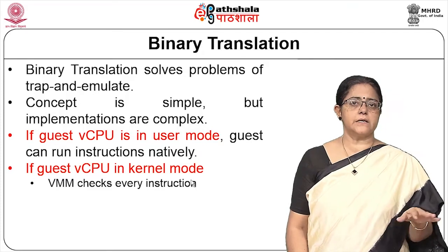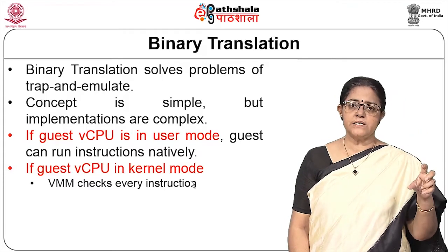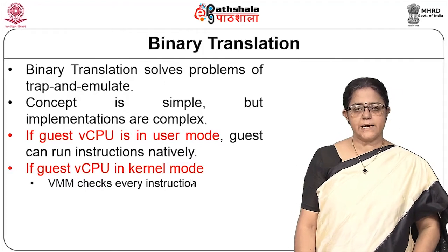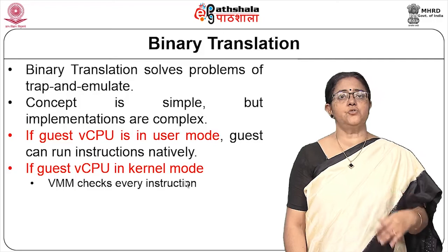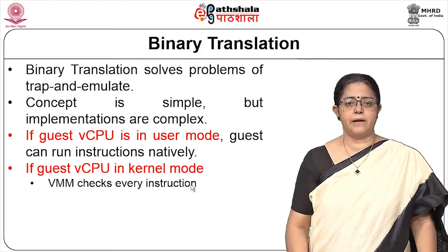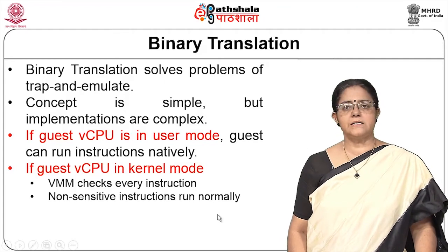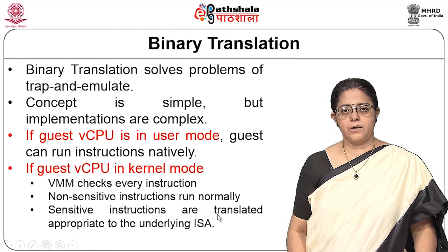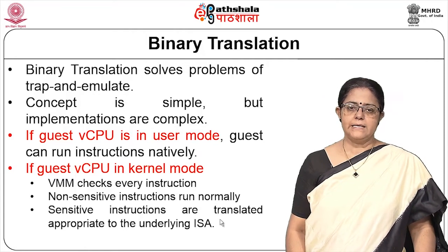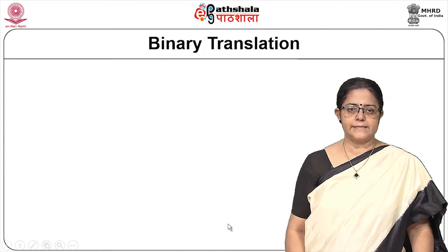Not all instructions are translated, only the guest OS's sensitive instructions will be translated to something that will eventually trap to the VMM when it is run. So, the VMM checks all the instructions, non-sensitive instructions are left alone, and only the sensitive instructions will be translated to an appropriate instruction according to the ISA.